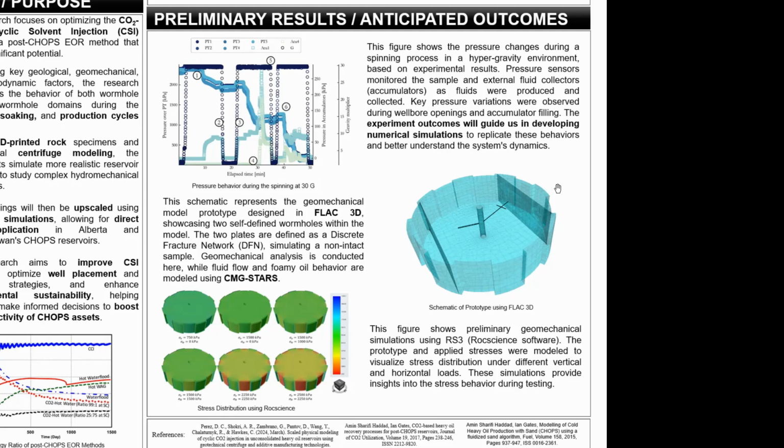By refining the CO2-based CSI process, we hope to provide a viable EOR method that enhances oil production from water-flooded CHOPS reservoirs while contributing to CO2 sequestration efforts in Canada. Ultimately, this research will help operators make more informed decisions about well placement, reservoir management, and sustainability.